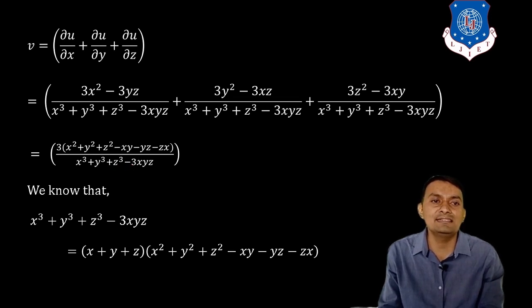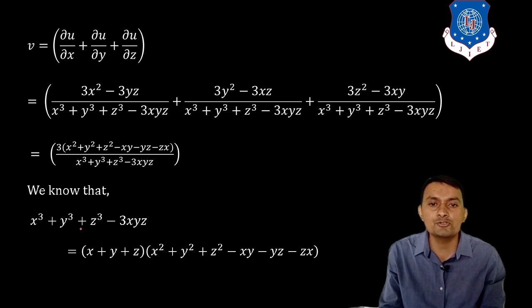Our numerator contains 3 as a common factor, so we can take out 3 times (x square plus y square plus z square minus xy minus yz minus zx). But we know the standard formula that x cube plus y cube plus z cube minus 3xyz is equal to (x plus y plus z) into (x square plus y square plus z square minus xy minus yz minus zx).